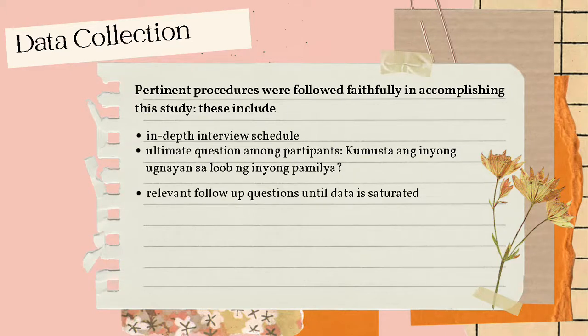They managed to build necessary rapport to safeguard the working relationship, including elucidation of the study objectives with the participants, and meeting with the participants individually in a congenial and casual environment to assure a free-flowing and spontaneous conversation, with all interviews being tape-recorded. And lastly, number 3, relevant follow-up questions until data is saturated.